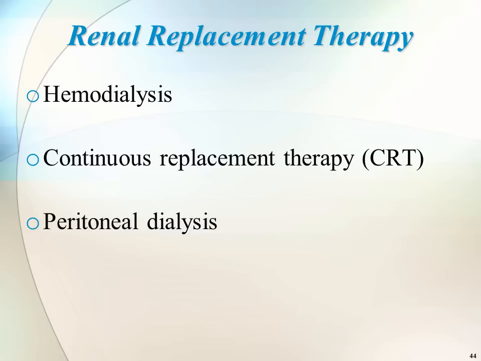The other access device is an AV fistula. It usually goes in the arm, upper or lower. A surgeon anastomoses an artery and a vein together and creates a fistula, or an artificial opening between them.